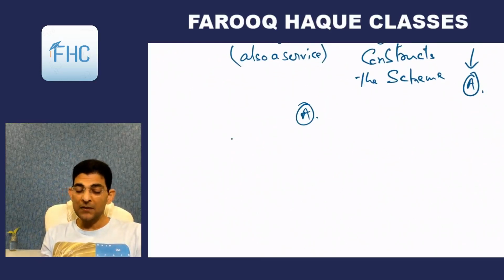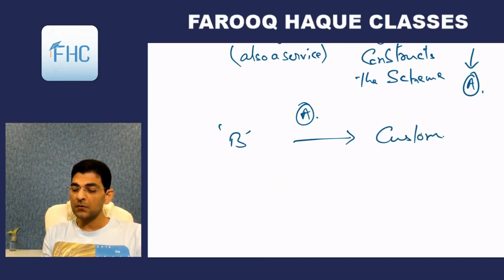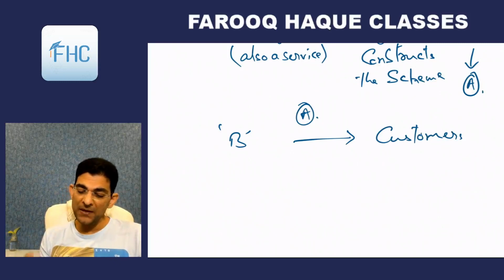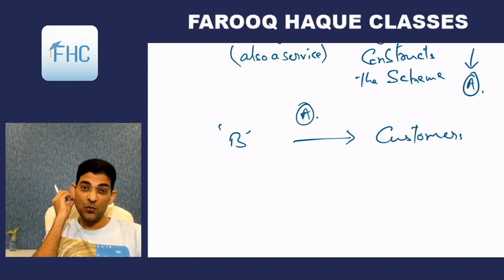So here what happens is that this B is selling to customers, okay, the flat owners. So these guys are going to become the flat owners. So when B transfers this building or the flats to the customers, the question arises, will this be called a supply?